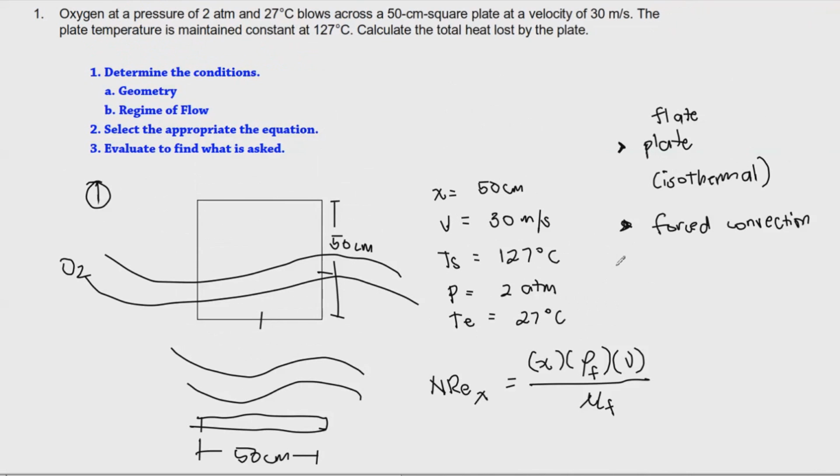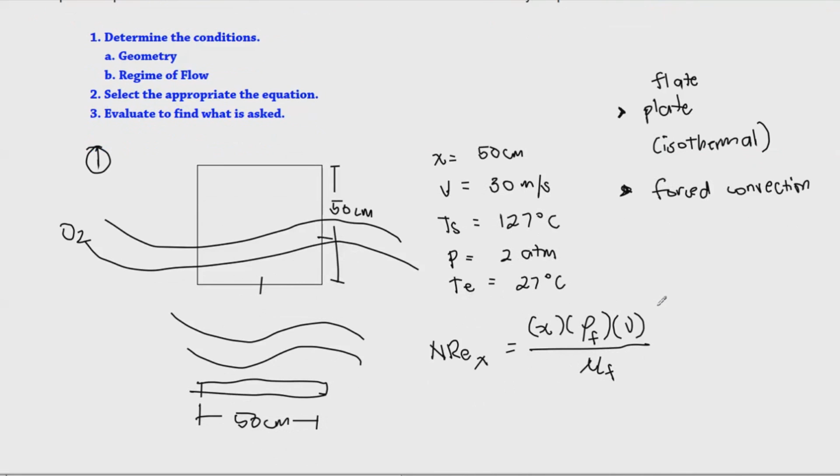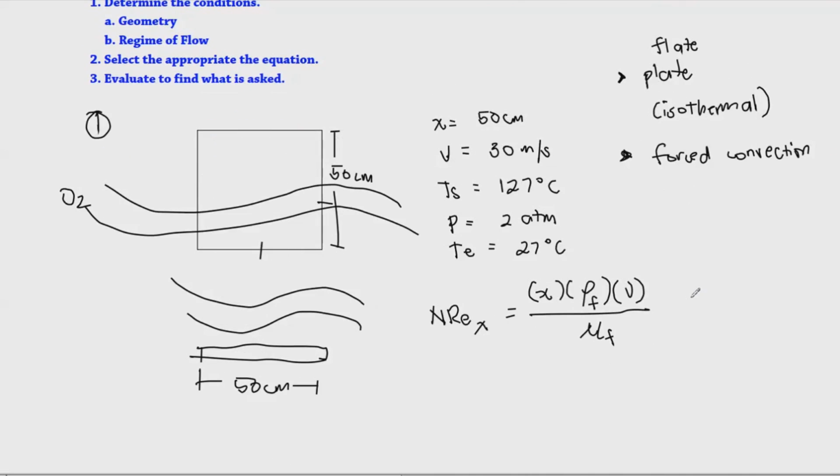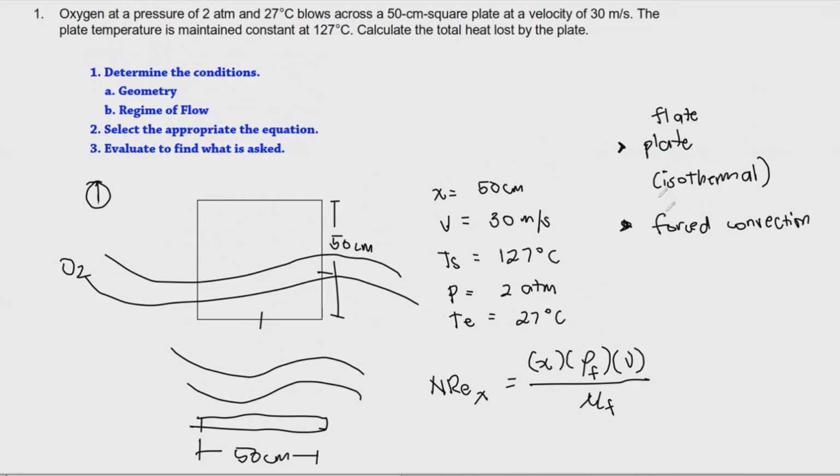So I'm adding some sub F there to specify that I'm evaluating all of them at the film temperature. When we talk about the film temperature, that is simply equal to the average temperature of the free stream and the material temperature. That is because we need to evaluate all of our physical properties at this film temperature.